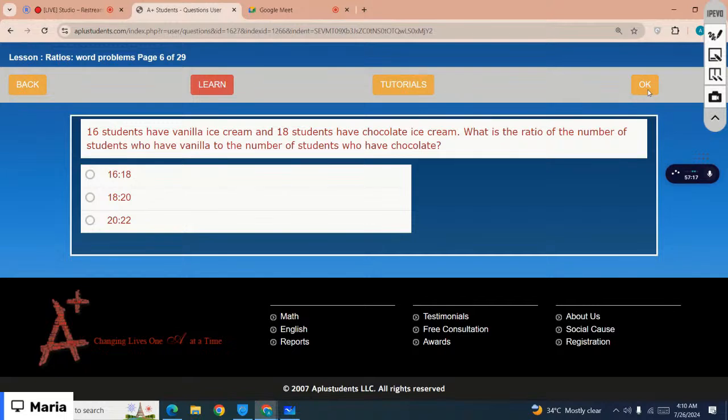16 students have vanilla ice cream and 18 students have chocolate ice cream. What is the ratio of the number of students who have vanilla ice cream to the number of students who have chocolate ice cream? So, which is the correct option?